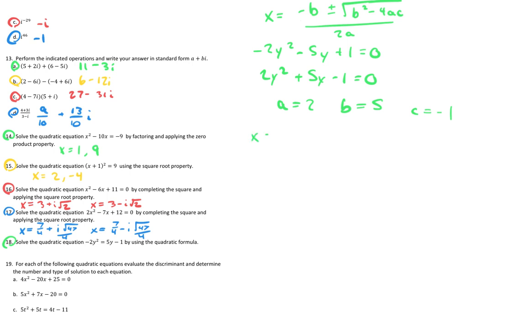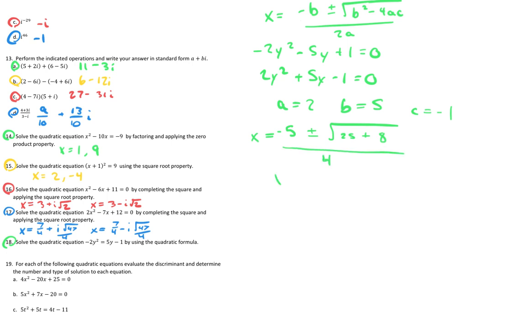So x will equal negative 5, plus or minus the square root of 25 minus 4 times 2 times negative 1. So that's going to be plus 8. All over 2a, so that's just 4.